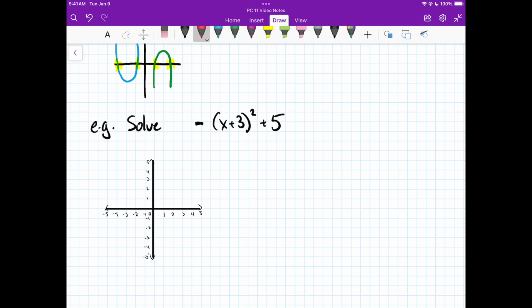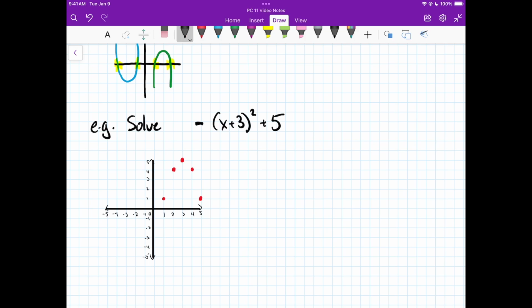All right, so your vertex should be at 3, 5. The graph is going down, not up, but it's not stretched in any way because the a value is 1. So our pattern is the same, just pointing in the other direction. After getting 5 points, you don't have enough. You haven't crossed the axis yet, so you don't actually know where your solutions are.